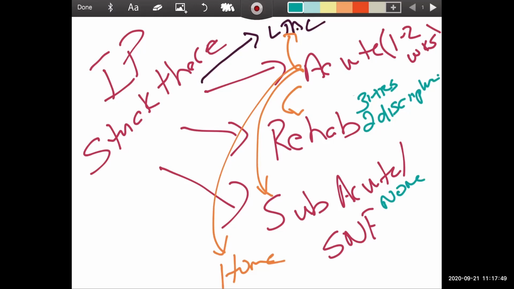And a lot of these SNFs or these LTACs, or not LTACs, TCUs is what their new fancy term is. A lot of the new TCUs are advertising themselves as rehab units because they do rehab and they maybe do 2 hours, like you said, but that doesn't officially qualify them for a rehab status under Medicare. But here's the deal.